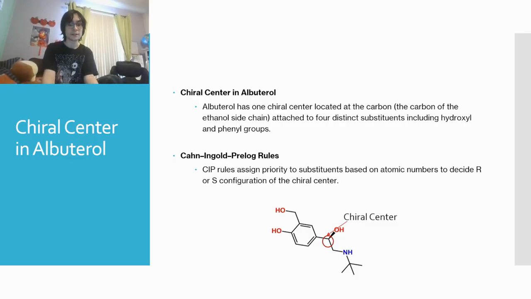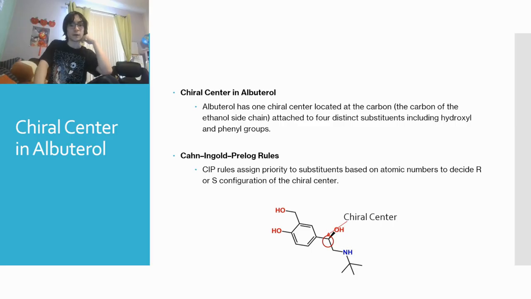So chiral centers. Albuterol only has one chiral center, and it's on the ethanol side chain. To classify R or S, we use the CIP rules, which rank the substituents based on atomic number.